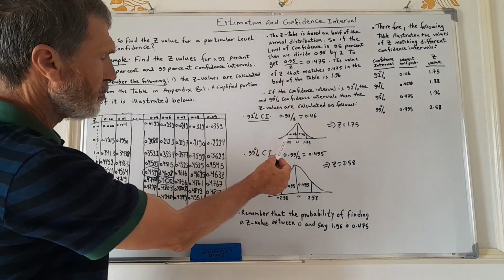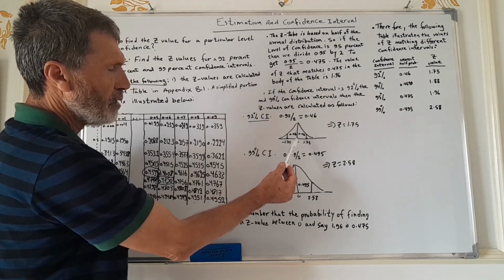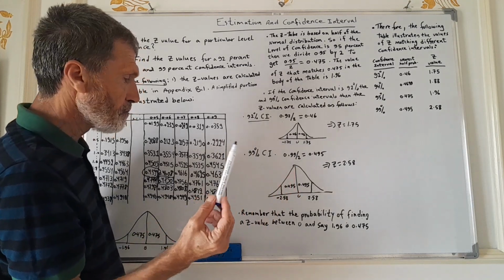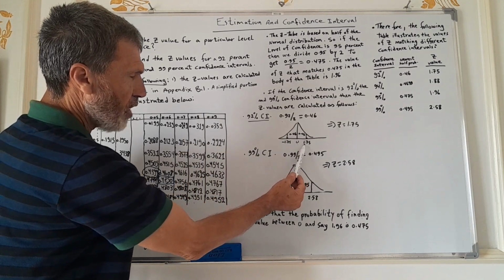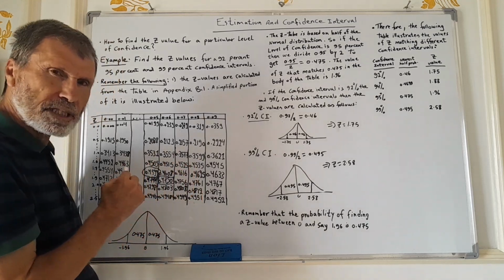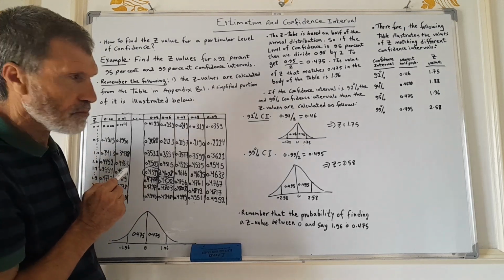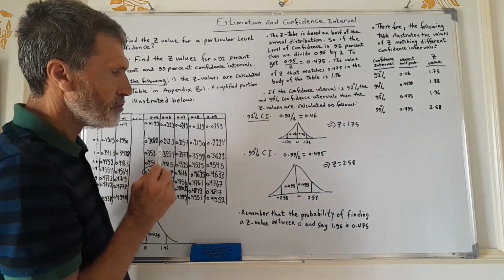As you can see, the probability of finding a z-value between 0 and 1.75 is 0.46, or the closest number to it, which is 0.4599. Is that clear?